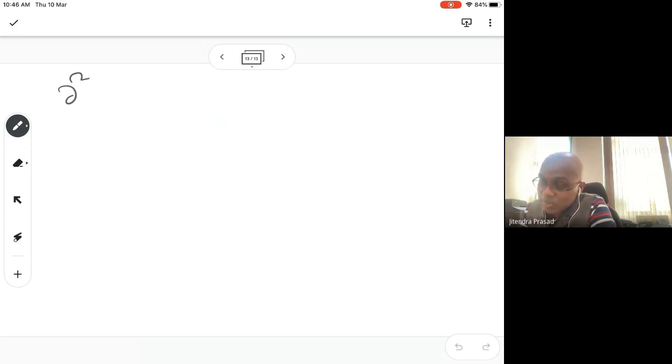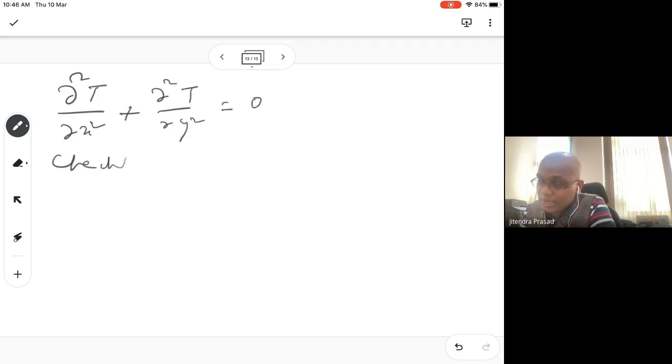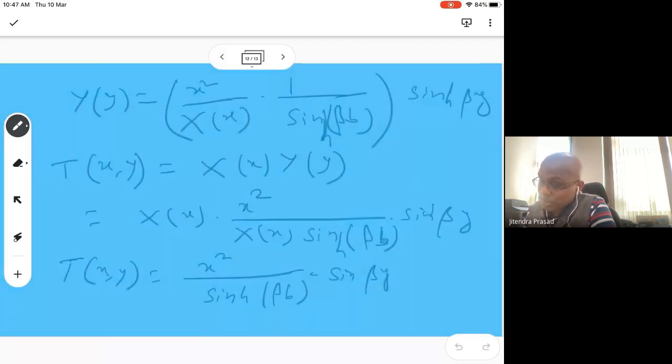So first del square t over del x square plus del square t over del y square has to be equal to 0. So let's check. Whenever there is a problem, you can always check it.